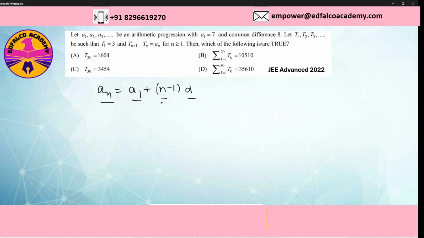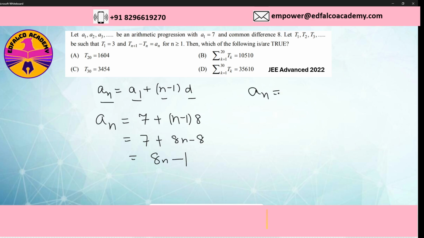So if we take the inputs given in the question, a_n will become 7 plus (n minus 1) into d. d के जगह पर हम लोग यहाँ पर 8 डाल देंगे because it is given as 8. So that means it is 7 plus 8n minus 8, which is nothing but 8n minus 1. So अपने पास एक रिजल्ट आया कि an is nothing but 8n minus 1.